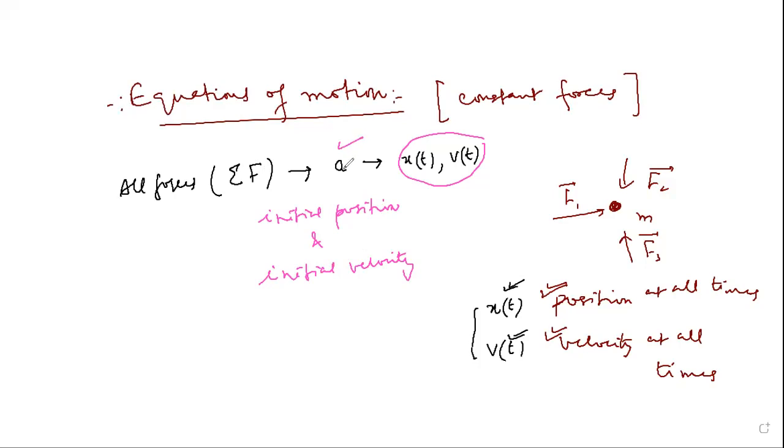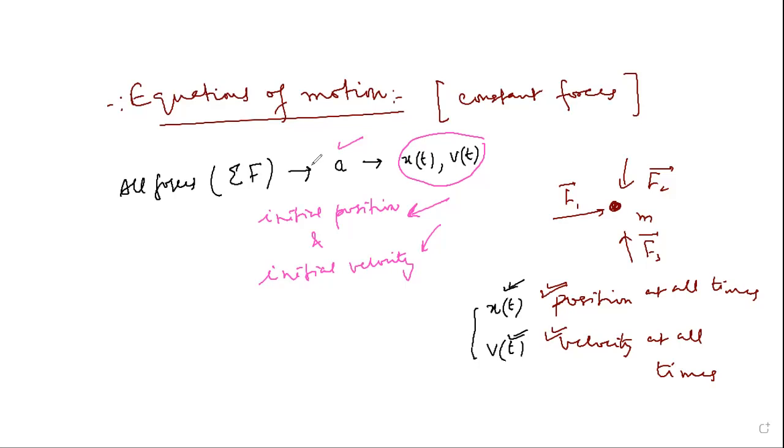Once we know the acceleration, then using mathematics, we make predictions about position at all times. That means we figure out the position time function and velocity time function. But to complete this process of finding x of t and v of t, we must know the initial position and initial velocity, right?